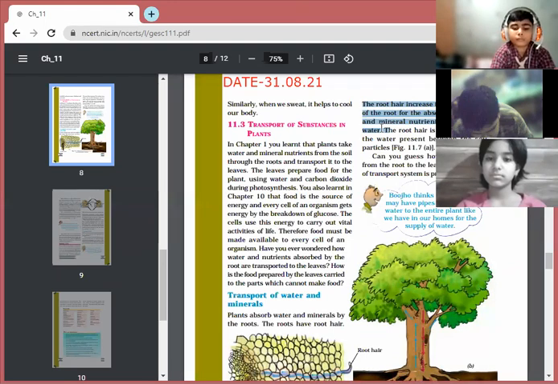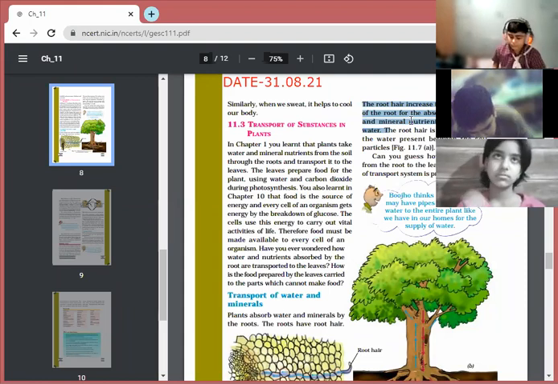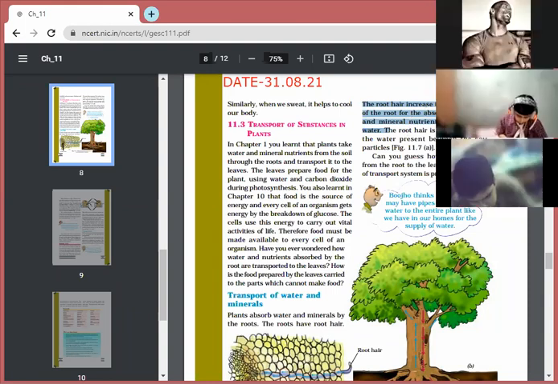We know that roots are responsible for absorption of water and minerals. But roots have very small root hairs, like our hair. In the same way, plants have root hairs which absorb water and minerals. They increase the surface area. The root hairs are in contact with the water present between the soil particles.